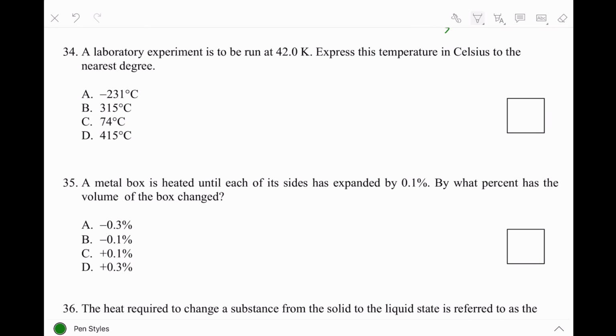Number 34. A laboratory experiment is run at, what is the expression? So 273 plus 42. This is all you need. It's minus.